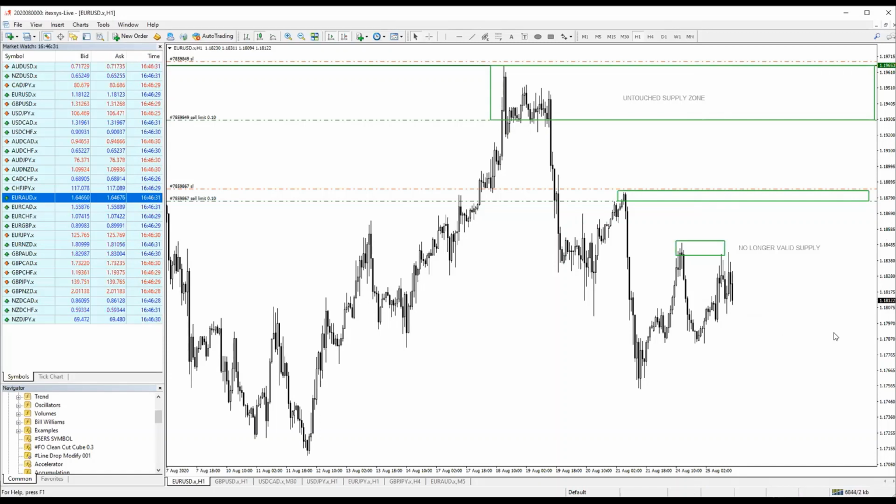Let's mark some demands that are untouched. We have price going down and then moving up. A decision was established here, so we have our decision right here.